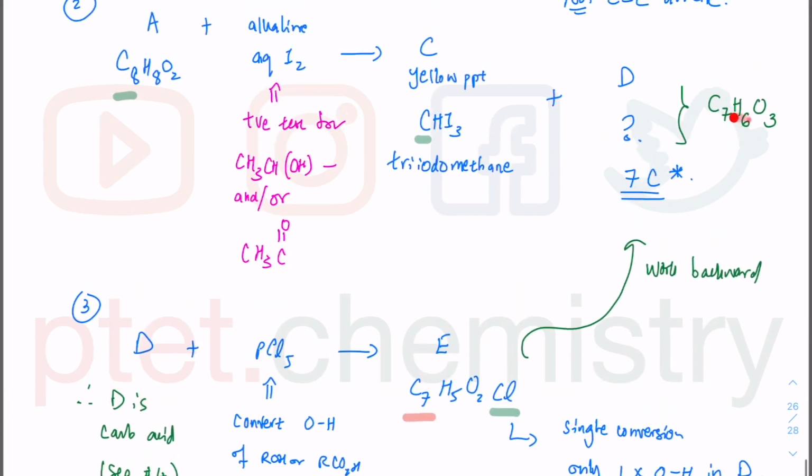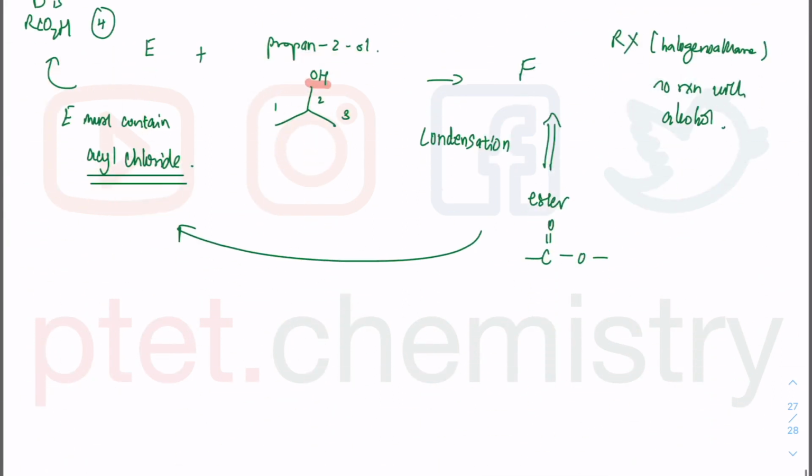There is a benzene ring and there's a carboxylic acid. That should give us our 7th carbon, because 6 carbon from the benzene ring and 1 carbon from the carboxylic acid. So I can probably start from D.